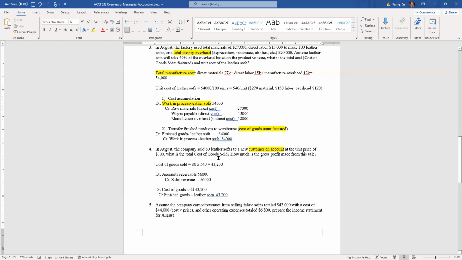So now we can tell the cost of goods sold. 80 units times the 540, the unit product cost. So the cost of goods sold is $43,200. Be careful, this is the cost for the units sold. And the sales revenue is 700 times 80.